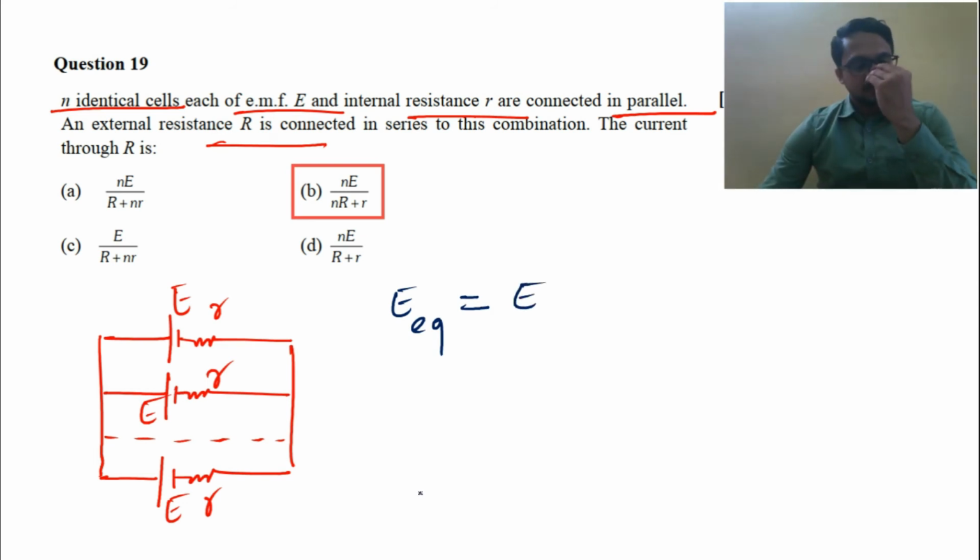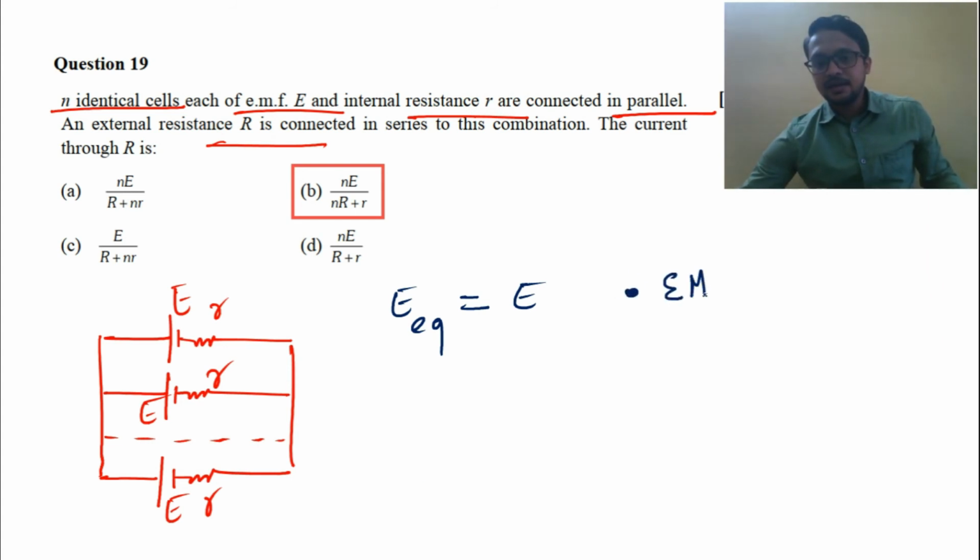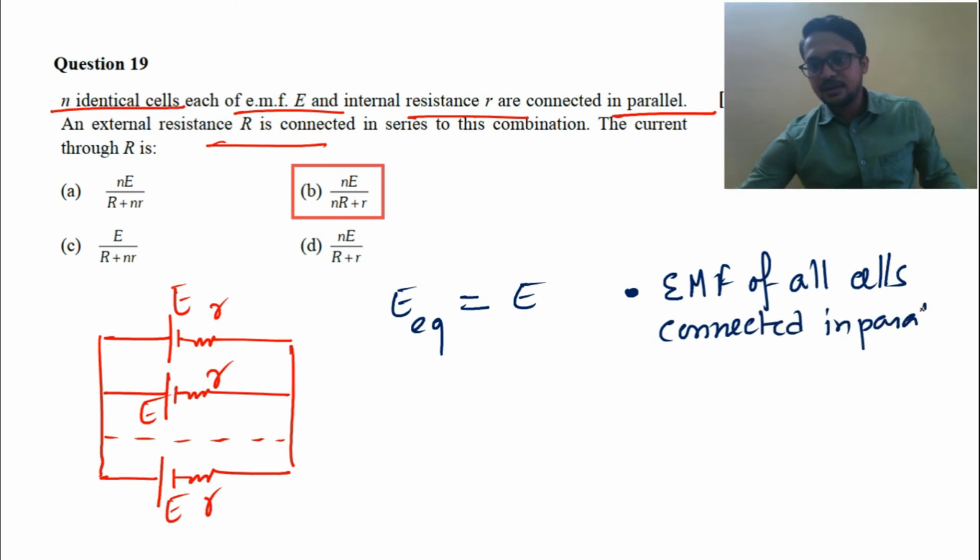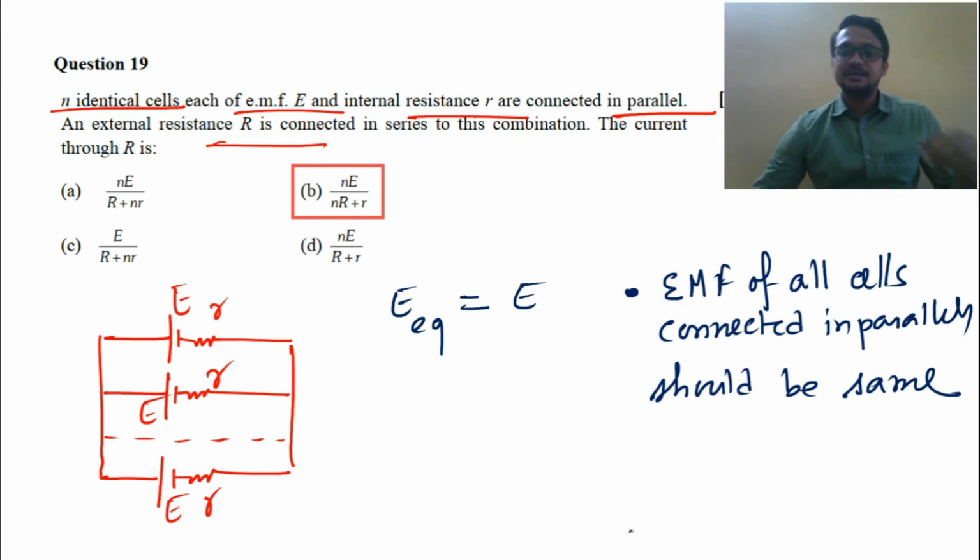So what is the special case here? The special case is that the EMF of all the cells connected in parallel combination should be the same. Internal resistances may be different or the same, but EMF should be the same. Then only can we say the equivalent EMF is the EMF of one cell.